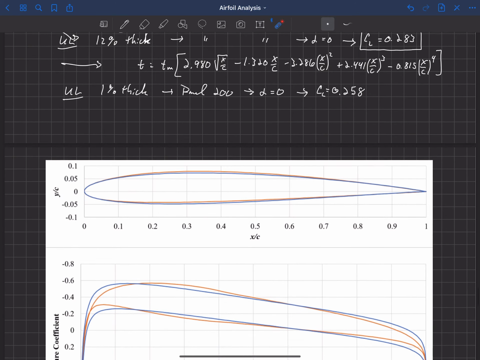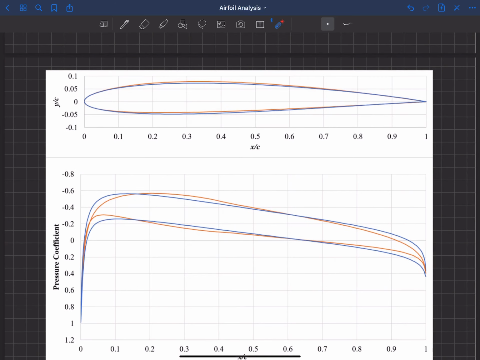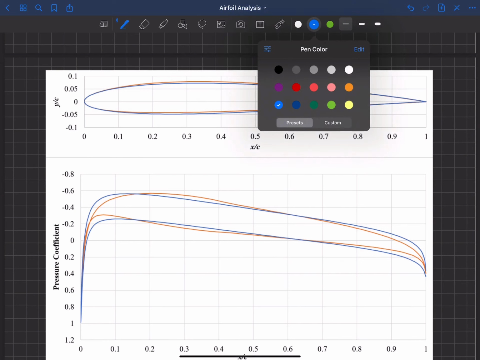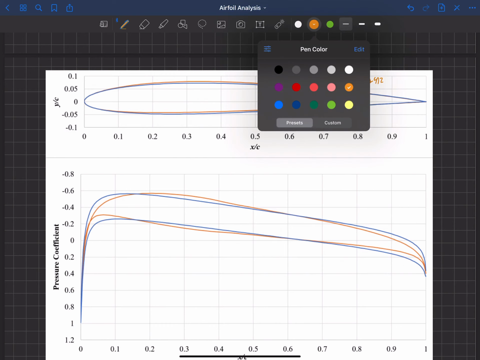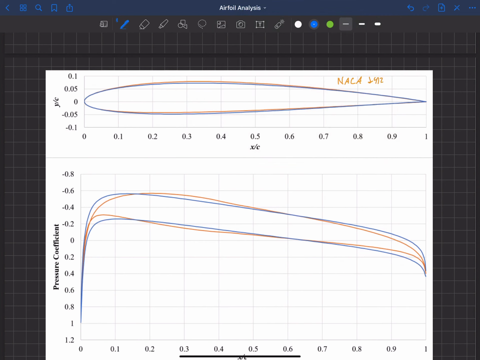So what I have here is the NACA. Let's see, I'll even put this in the right colors here. So the orange is the NACA 4-digit. Actually, it's the 2412. And then the blue is the uniform load with a 12% thickness.